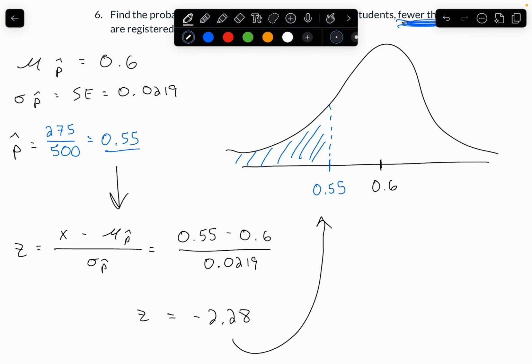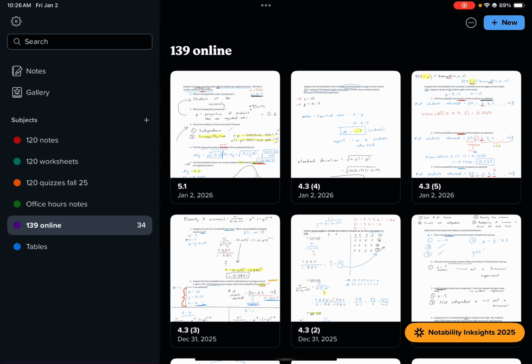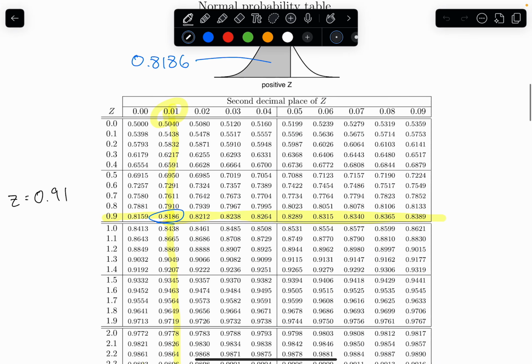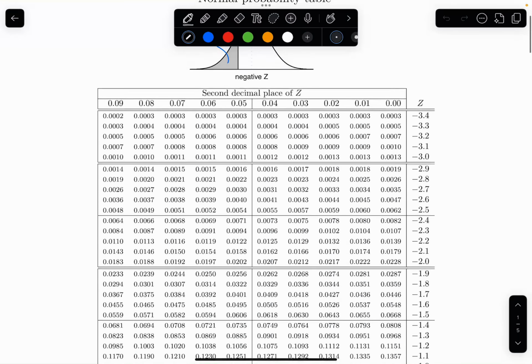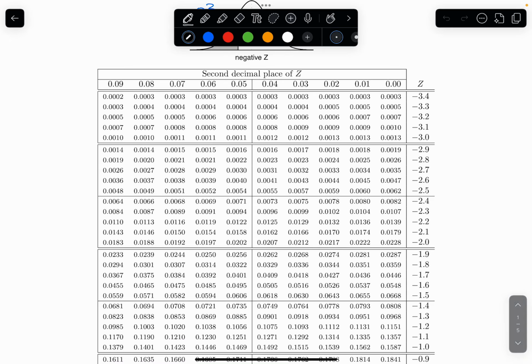The last thing I need to do then is just find the area to the left of this using my z-table. So hopping back to my normal distribution, we said negative 2.28, so we're going to take a look at my negative z-scores right here. Negative 2.2, we must be talking about this row right here, and 8, we're talking about this column. So the area to the left in this case would be 0.0113.